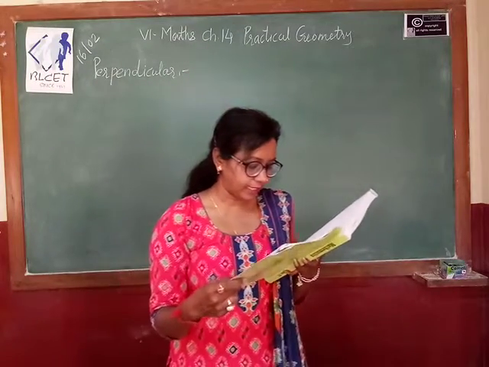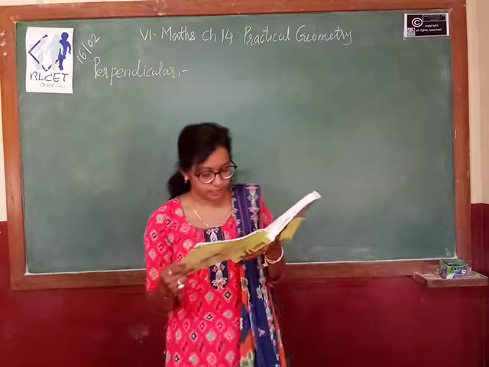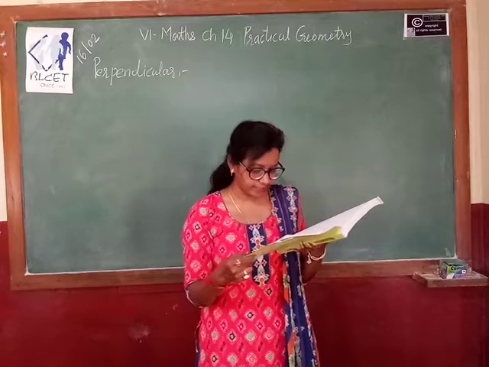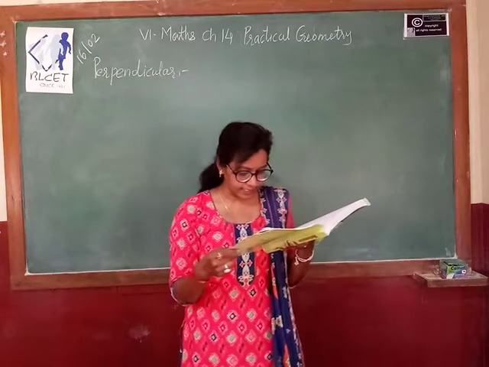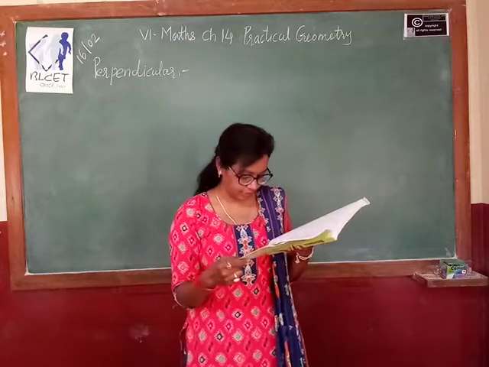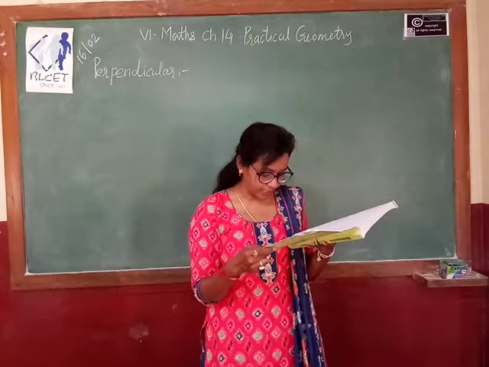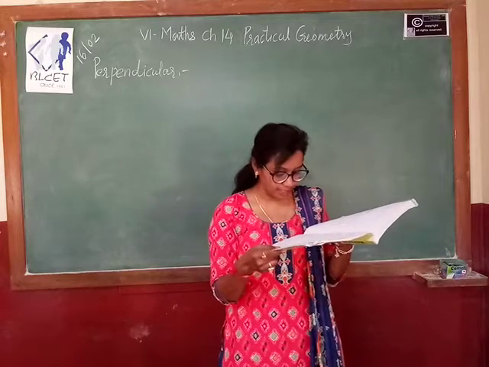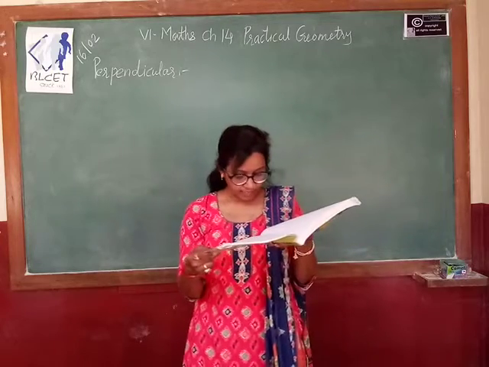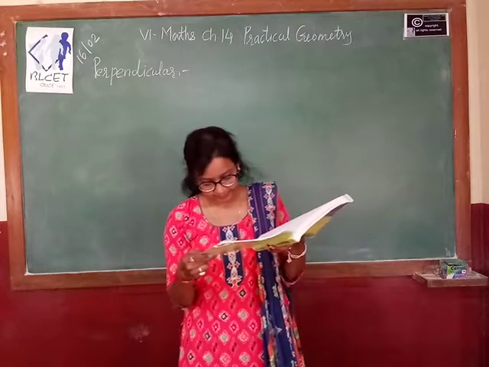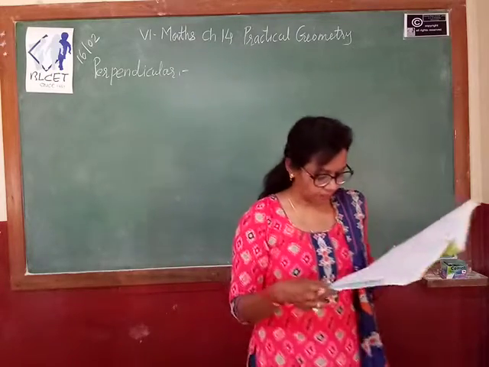If you observe the diagram, step 1 is given a line L and a point P not on it. Second step, with P as center, draw an arc which intersects line L at two points A and B. Using the same radius and with A and B as centers, construct two arcs that intersect at a point, say Q, on the other side. So let's see how to do the construction.